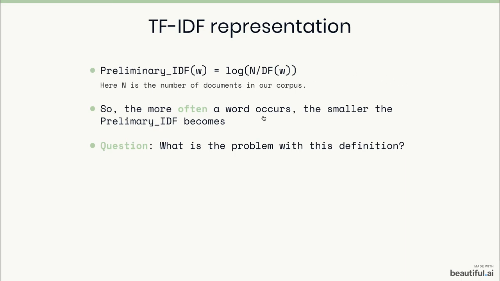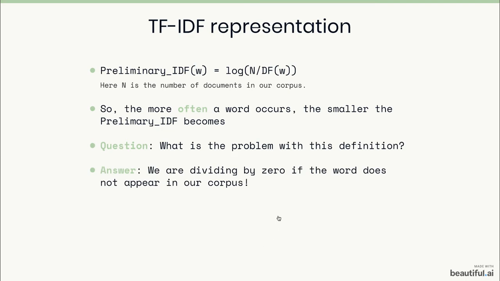Okay, so a problem with this definition: basically every single time you see a fraction, one of the things you should think about is what happens if the denominator is 0. So in our case, if we give this preliminary IDF a word that it has not seen before, so it does not occur in any of the documents, we would be dividing by 0. So that's no good. We have to fix that.